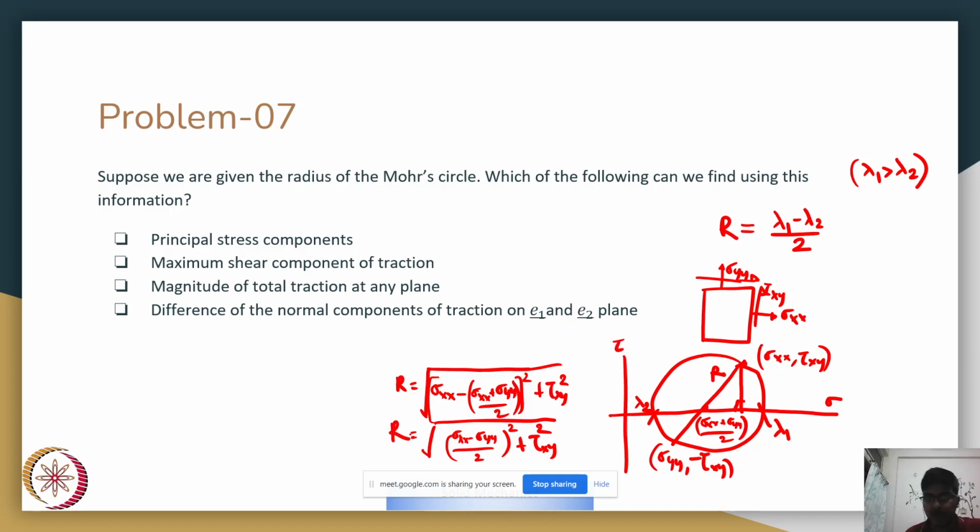So this is your R in terms of the stress components, and this is in terms of the principal stress components. This is the only piece of information we are given, and we are asked what we can find. Can we find the principal stress components? Can we find lambda 1, lambda 2?